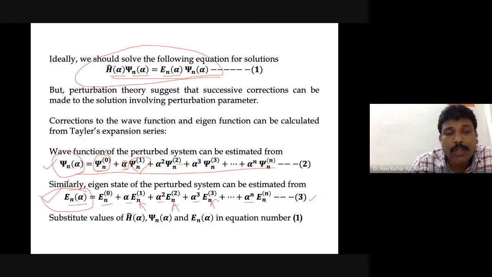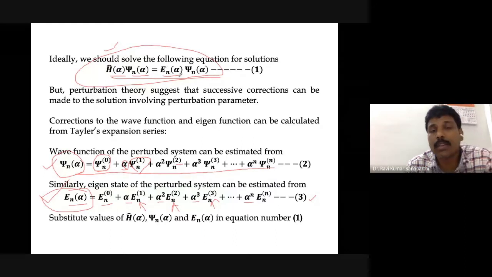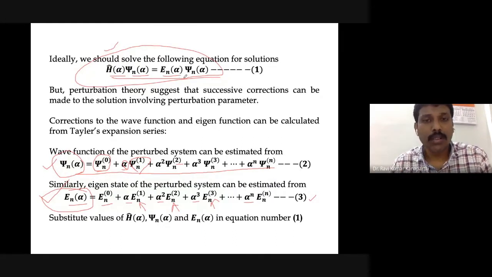Now, psi n of alpha and En of alpha are these quantities. Come back to the actual time independent Schrodinger wave equation, H of alpha psi n of alpha equals En of alpha multiplied by psi n of alpha. That is the Schrodinger wave equation.